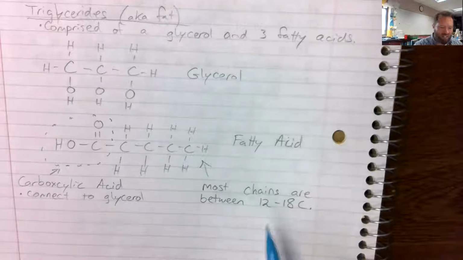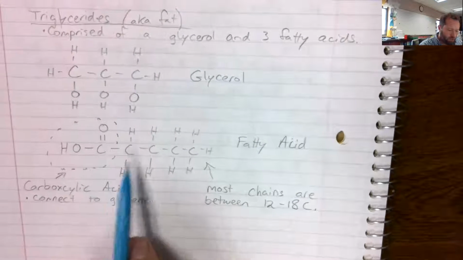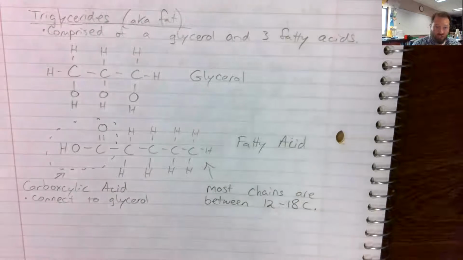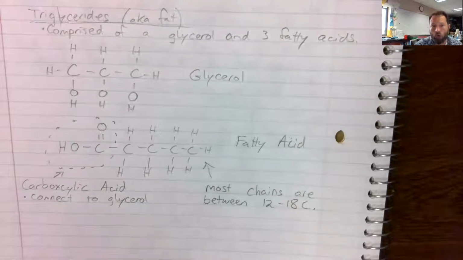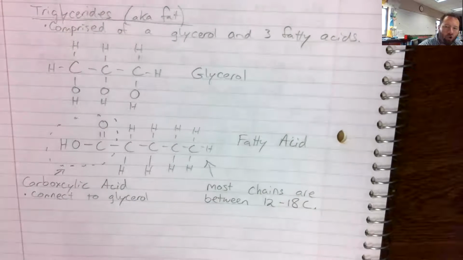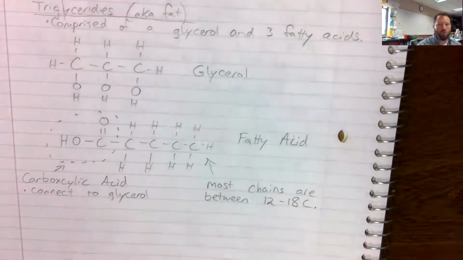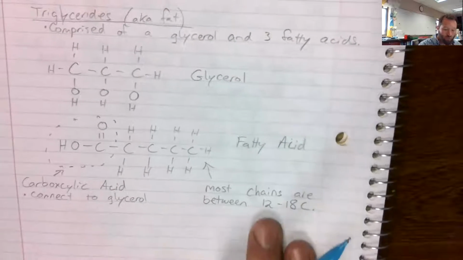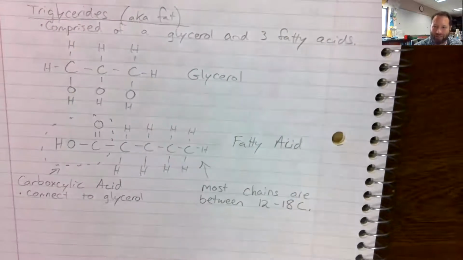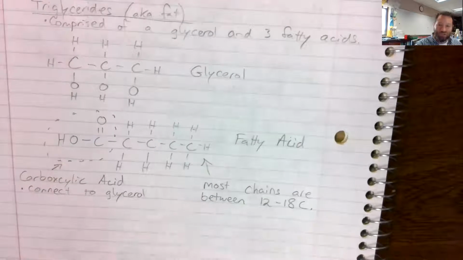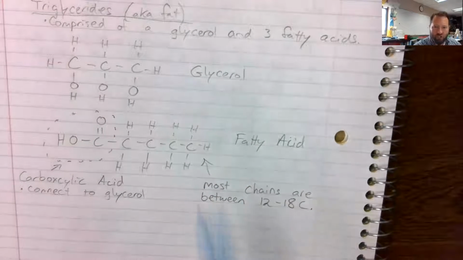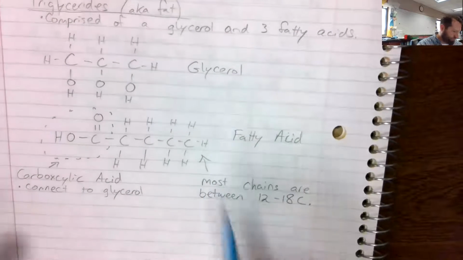So 12 to 18 carbons. Ours has 1, 2, 3, 4, 5. So 5 carbons. The smallest chain I've ever heard of has 4 carbons in it. And the largest, as far as I'm aware, has 32 carbons in it. We're not going to fill up our page with 32 carbons. In fact, we didn't even get to 12, let alone 18. But this one works because the smallest one has 4. So this is a very small fatty acid chain.